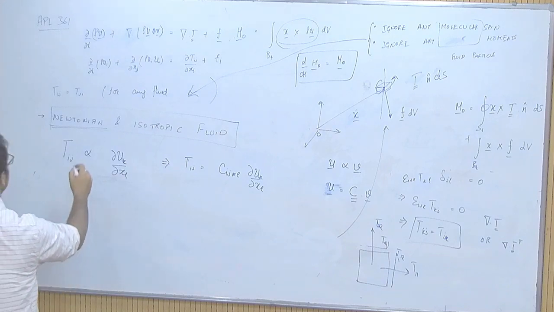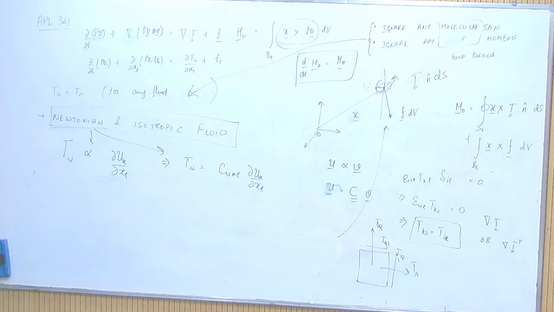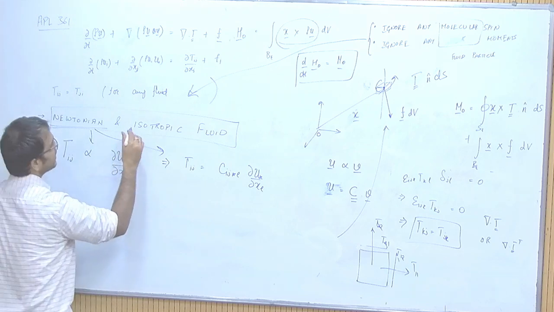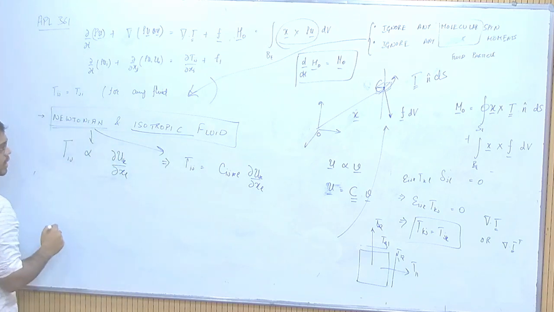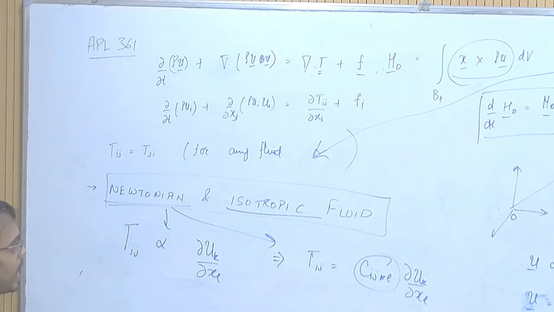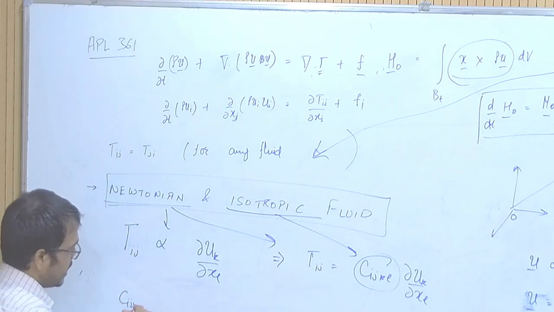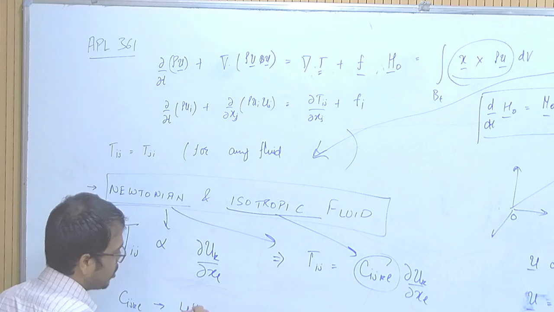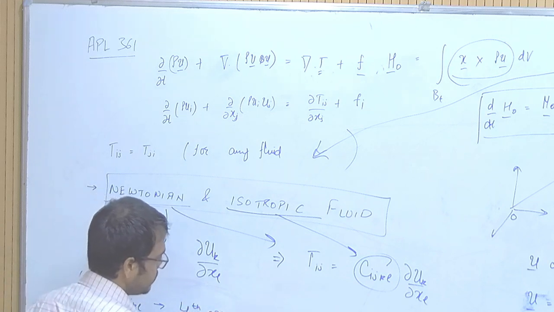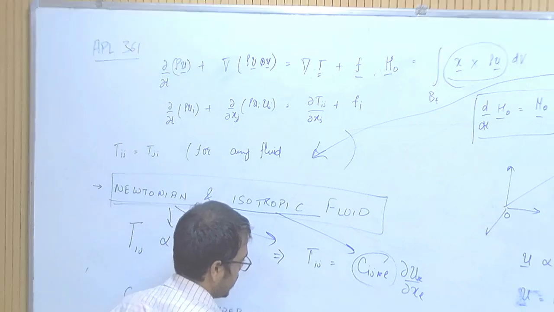Yeah. So a Newtonian fluid implies this. Okay. Saying that a fluid is Newtonian implies this. Saying that the fluid is isotropic as well tells us something about this Cijkl. Okay. And saying that the fluid is isotropic tells us that Cijkl is a fourth order isotropic tensor.